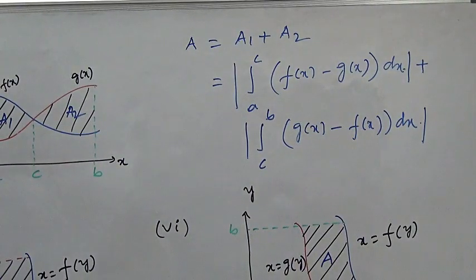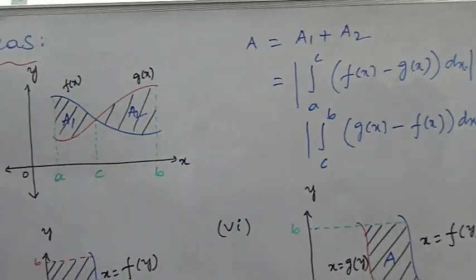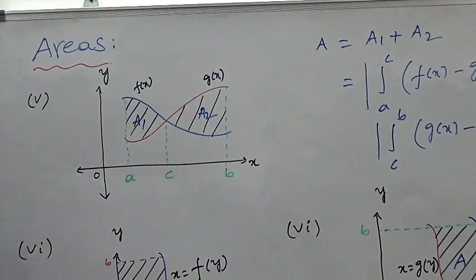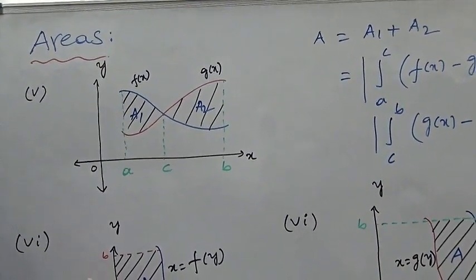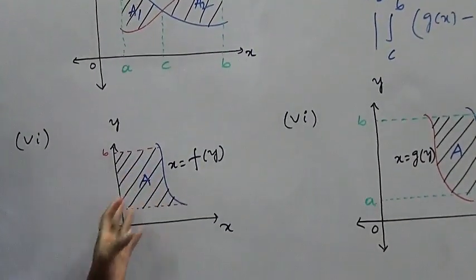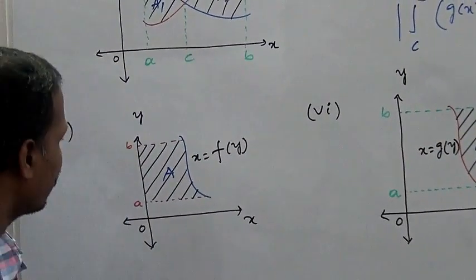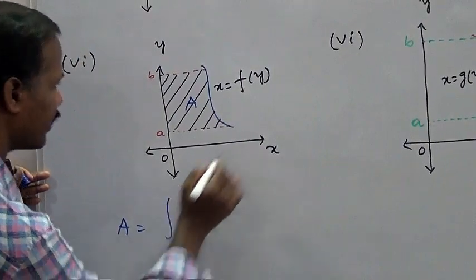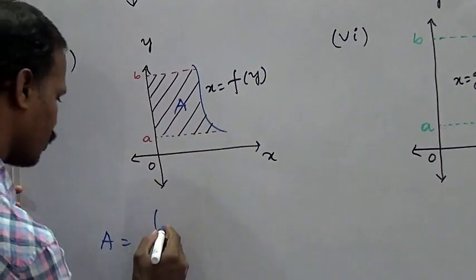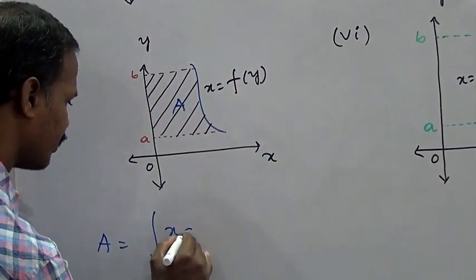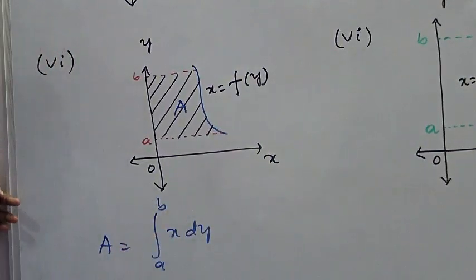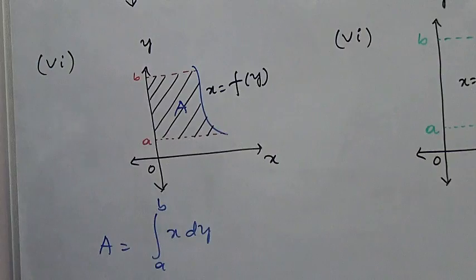Okay, and now coming to here, we are going to find the area between the curve, the y axis and the abscissa. A and B are the abscissa. So the area A equals the integral of x dy from A to B. What is x? x is nothing but f of y.